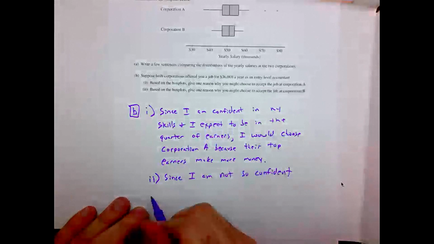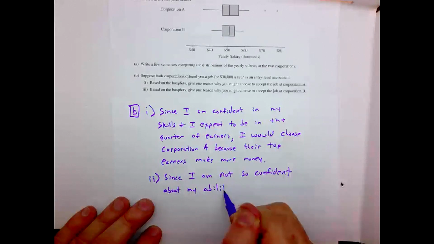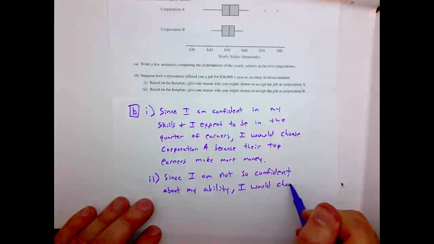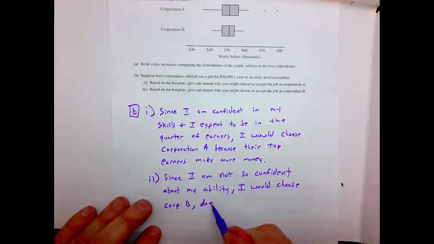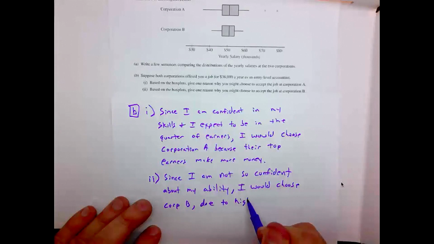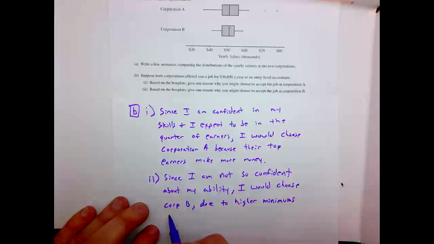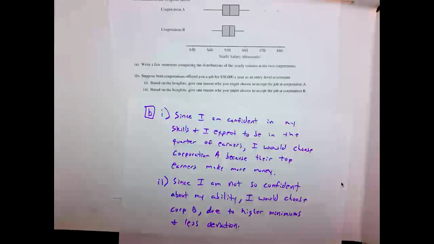Since I'm not so confident about my ability, I would choose Corp B due to higher minimums and less deviation. Okay. And that concludes question 1.